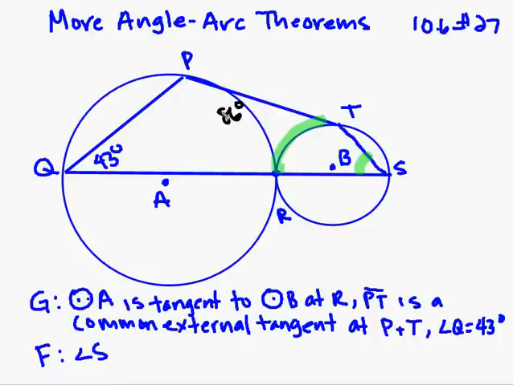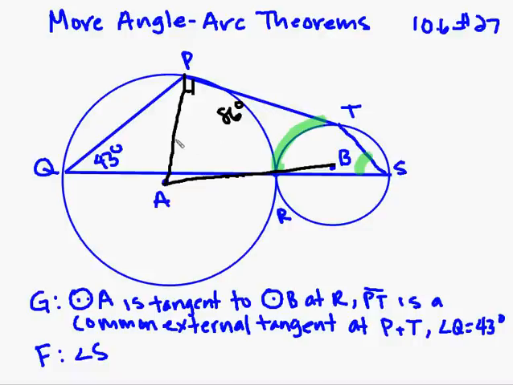And the first one I'm going to draw is from A to P. And I know that this forms a right angle. The second one is going to be from A to B. And because A and B are tangent at point R, I can draw a straight line through R to B. Next line I'm going to draw is from B parallel to PT.